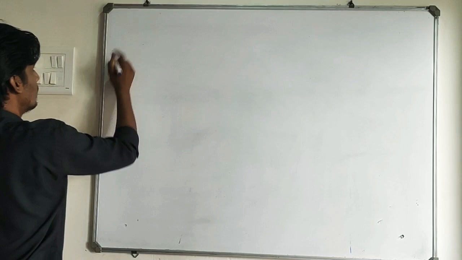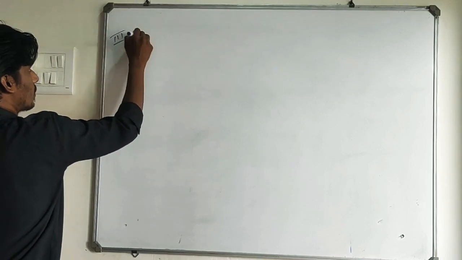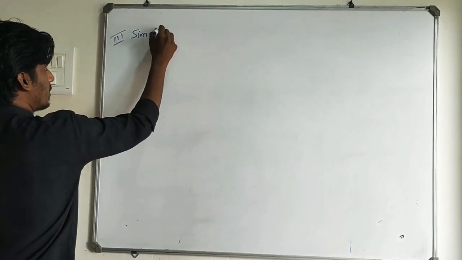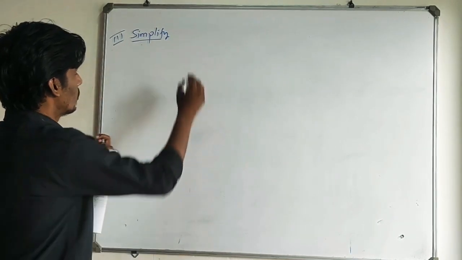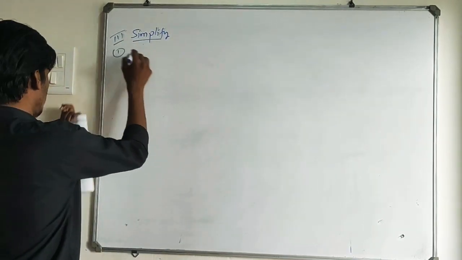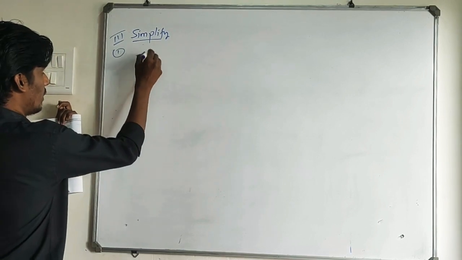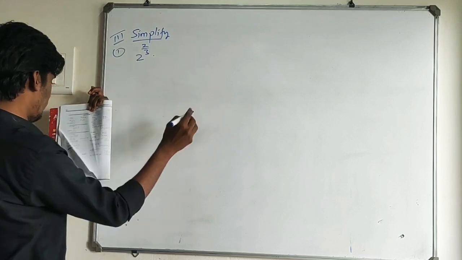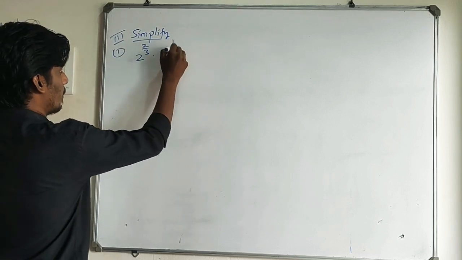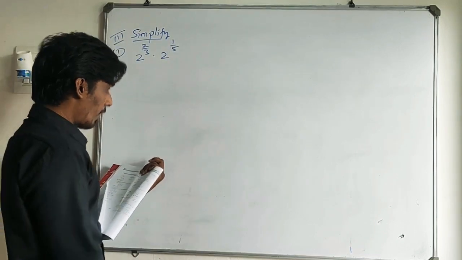Question number 3. It's simplified, but our roots are not there, power forms are there. First one, 2 raised to 2 by 3 into 2 raised to 1 by 5.